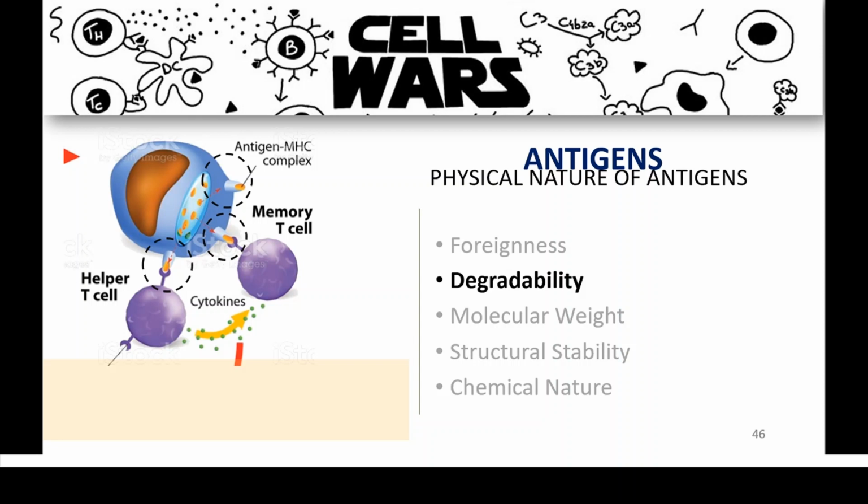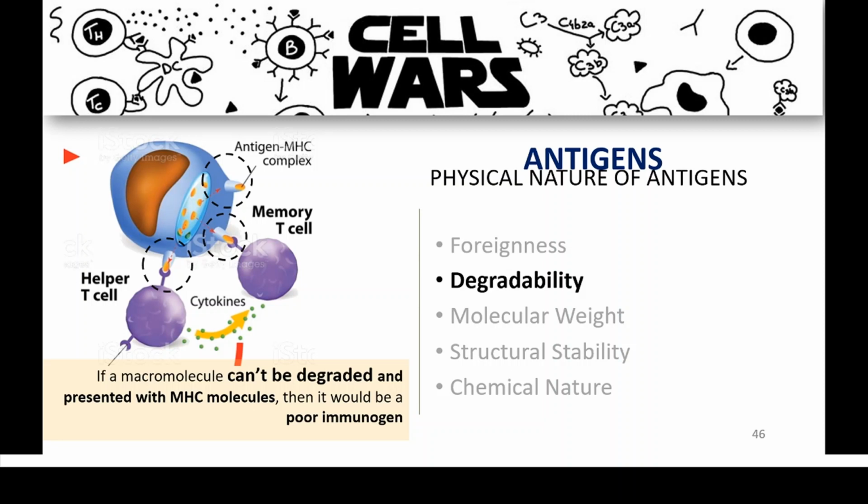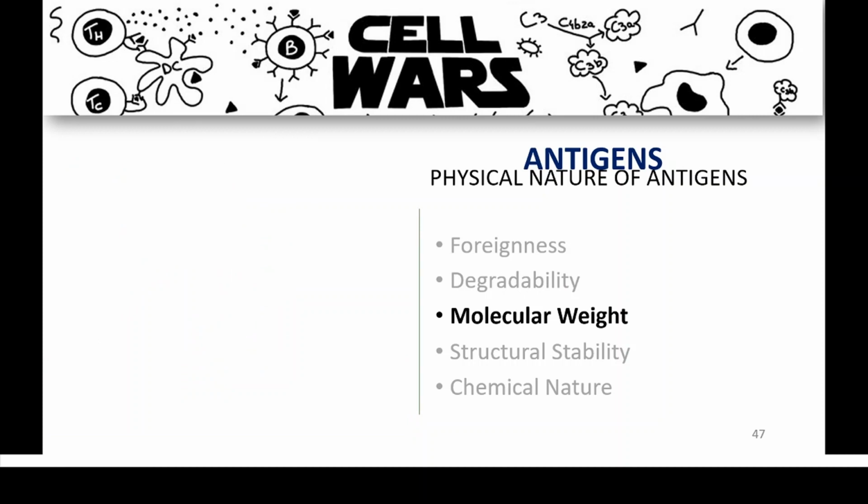So it is really expected that when an antigen undergoes antigen processing and presentation to T cells, there will be a stronger immune reaction. If a macromolecule cannot be degraded and cannot be processed with MHC molecules, therefore it is considered a poor immunogen.